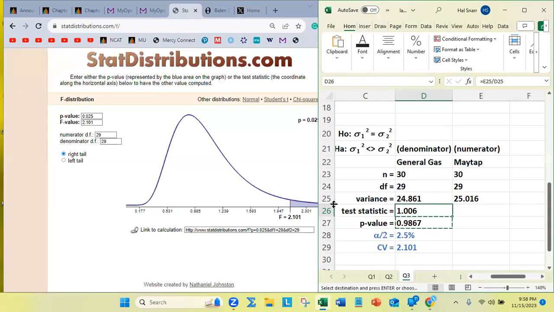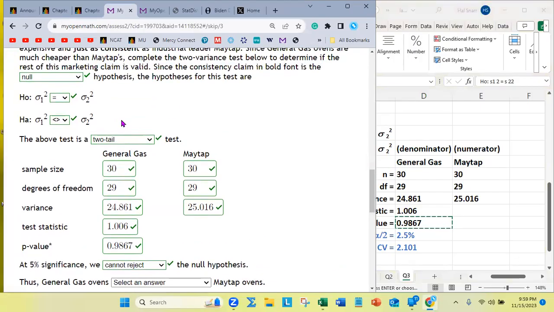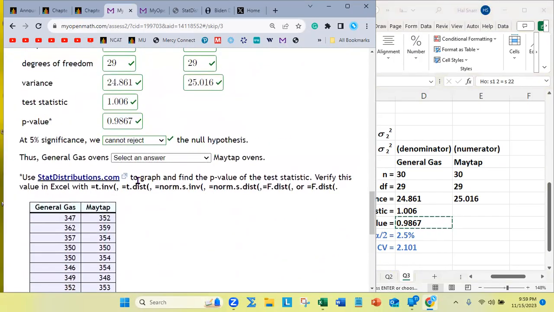If it were, say, 2.301, it would be under the significance level. If my test statistic was like 0.1, you've got to imagine there's a blue area here, it would be under the significance level. But it's not in either tail. It's in the hump of the distribution, so it's in the region where we do not reject the null. So we're not rejecting the null here.